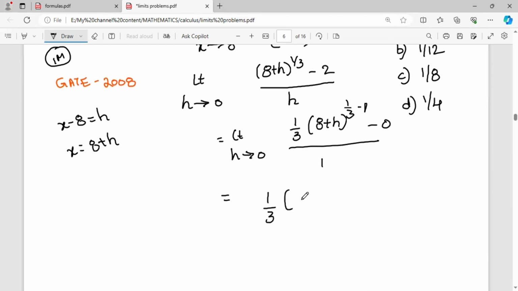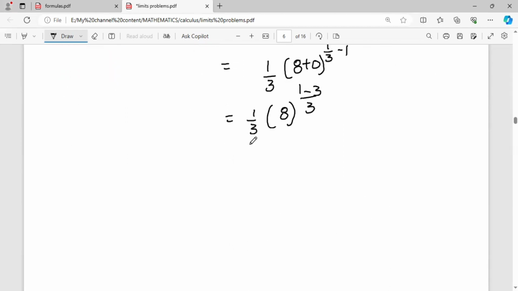By simplification, 1/3 times 8 to the power 1/3 minus 1, that is minus 2/3.